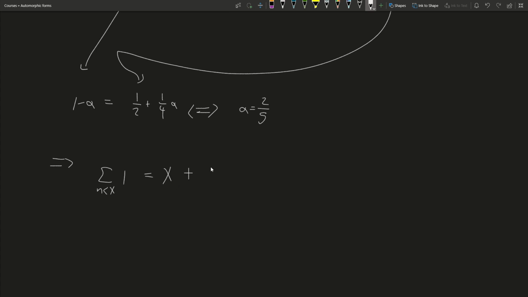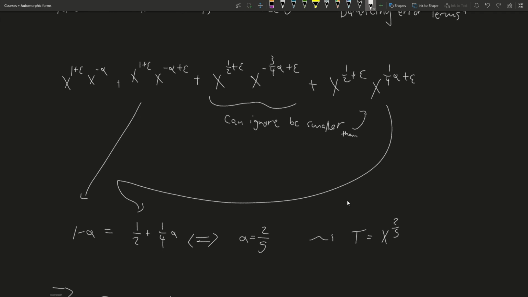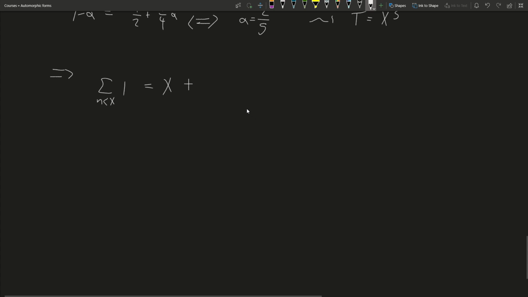And then substituting in t is x to the 2/5, the error term we end up getting is big O of x to the 3/5 plus epsilon. And yeah, okay. And this is not great. Sometimes you can do better than this kind of result, but this is all right.